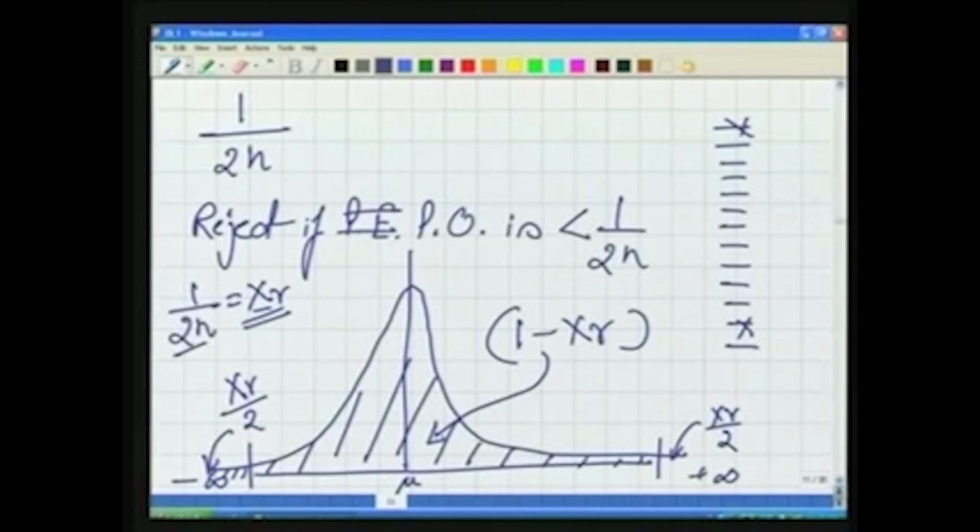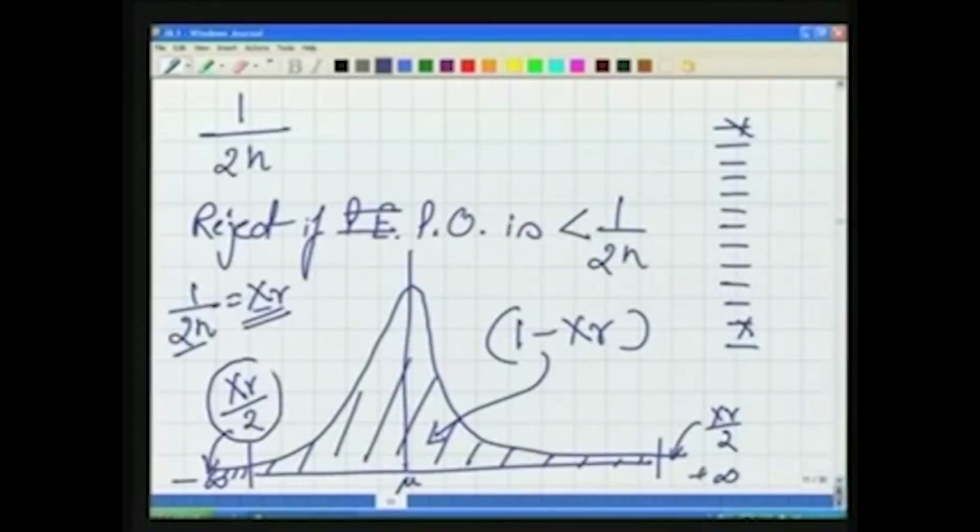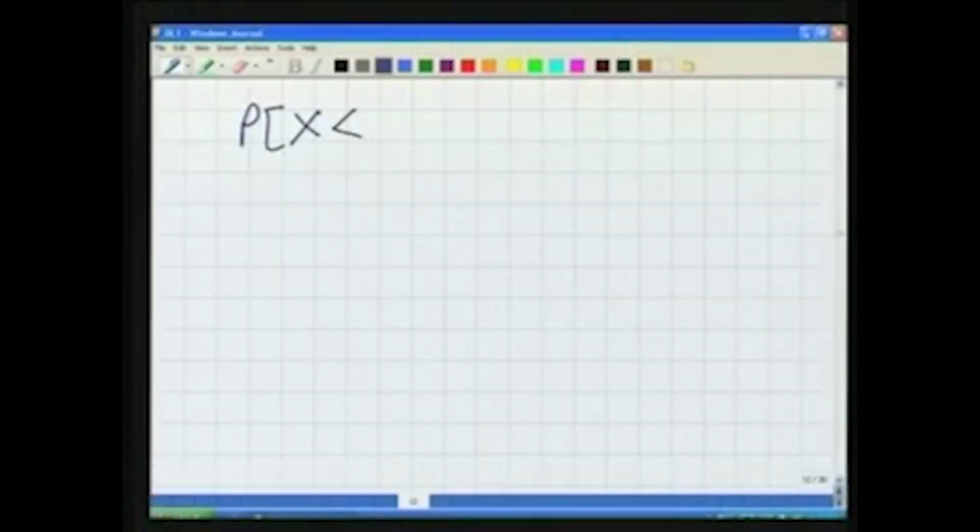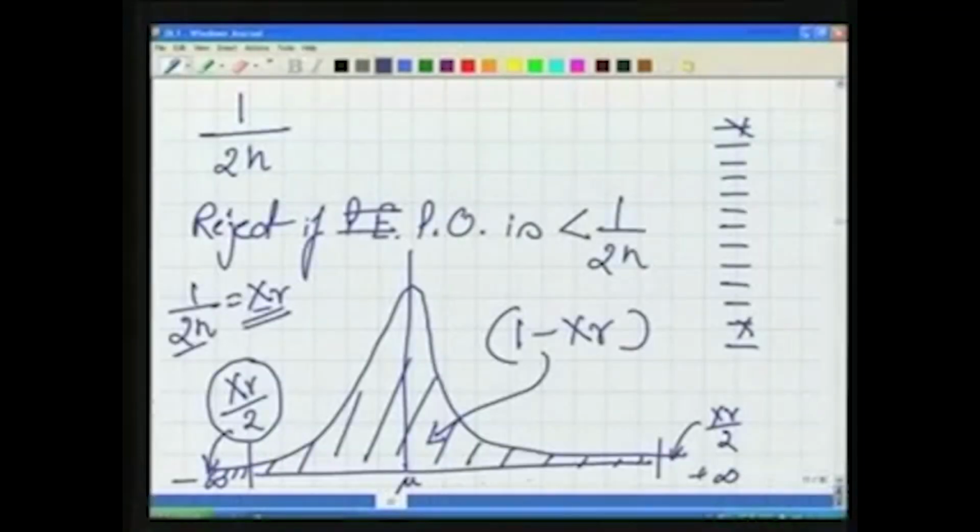Now, what are we saying? We will try to reject those values which have a probability of occurrence less than x r by 2. If I write it the other way around, we are looking for the variable x so that the probability of occurrence is less than x r by 2. All those values we will remove. The same thing will be on the other side also.